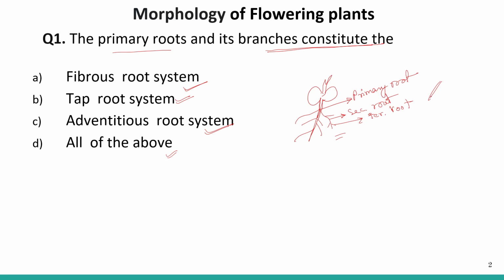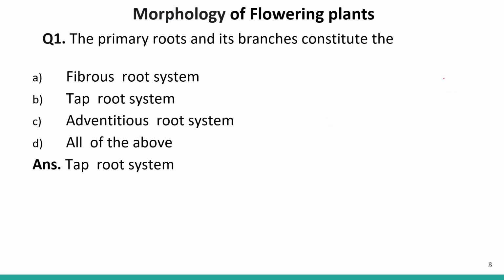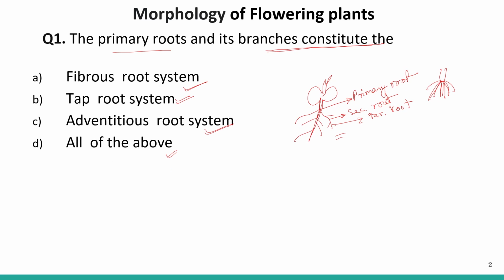Now if we talk about the fibrous root, in the fibrous root we can see a lot of a bunch of roots coming at the base of the stem. Okay, so this is in the case of fibrous root.